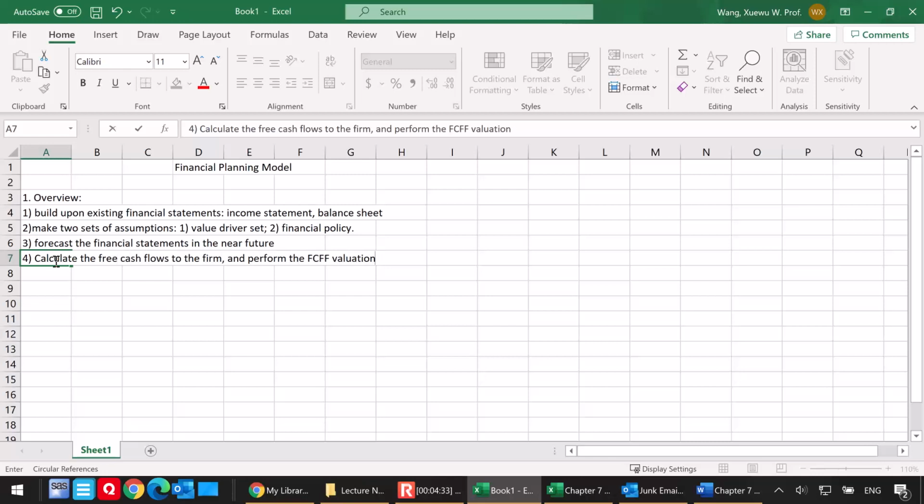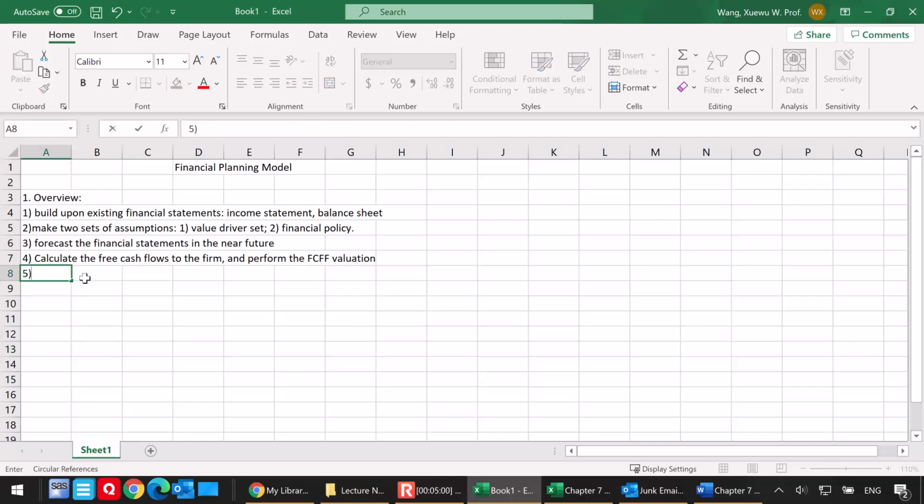This is where we're going to resort to the equity valuation discussion. Once we are able to calculate the free cash flows, we can make two more assumptions and perform the free cash flow valuation.